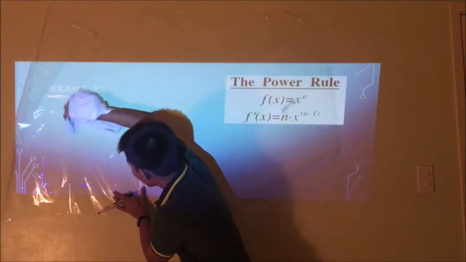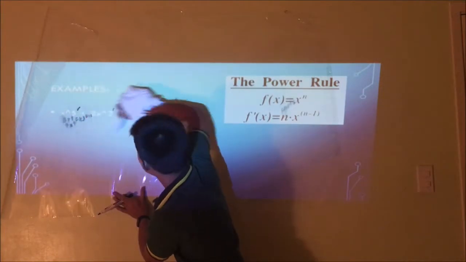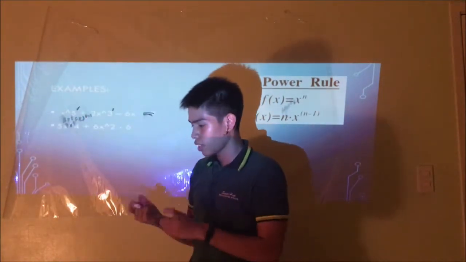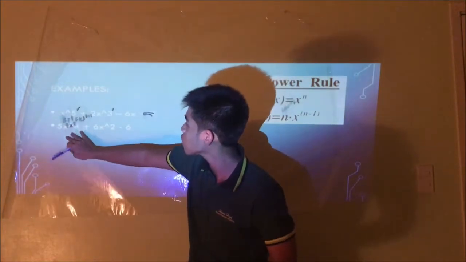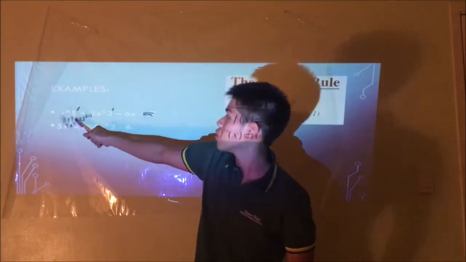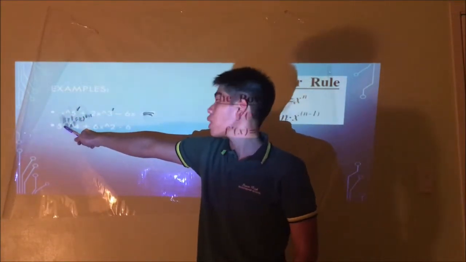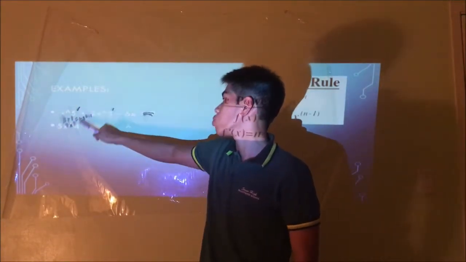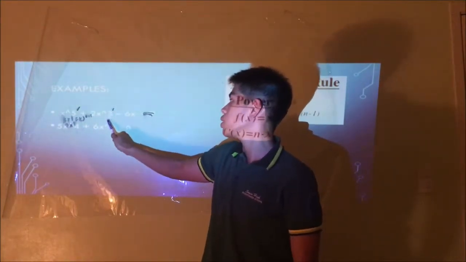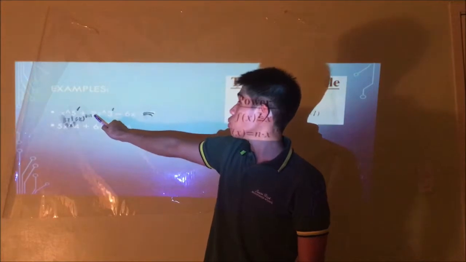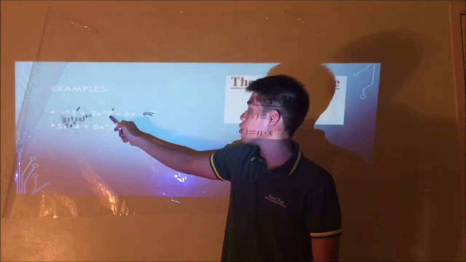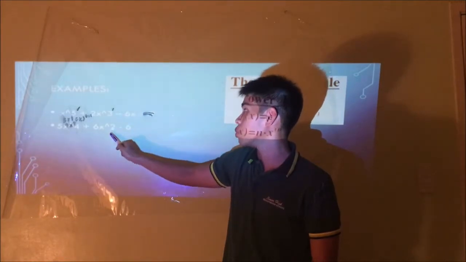As you can see, for x raised to 5, it's 5 times x, which is going to be 5x, then 5 minus 1, which is going to be raised to 4, followed by 2x raised to 3, that's going to be 3 times 2, that's going to be 6x, then 3 minus 1, which is going to be 2.